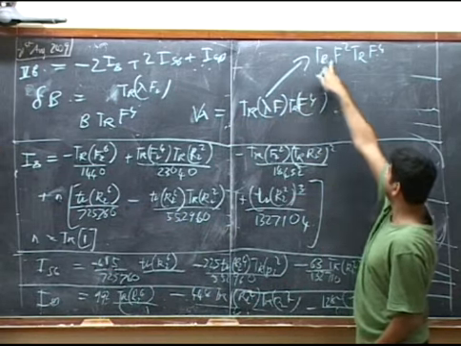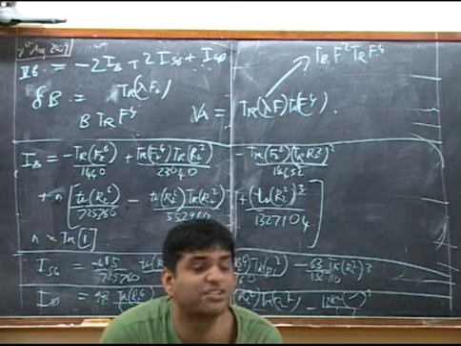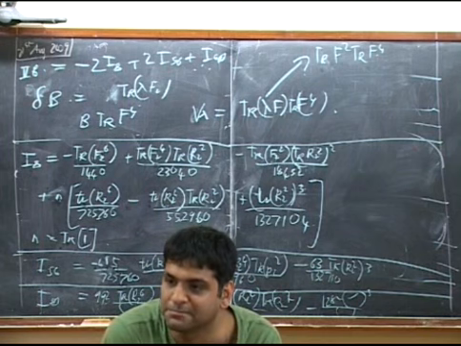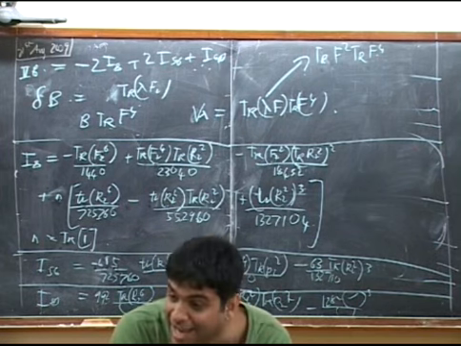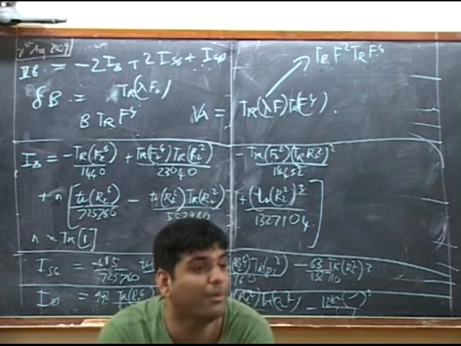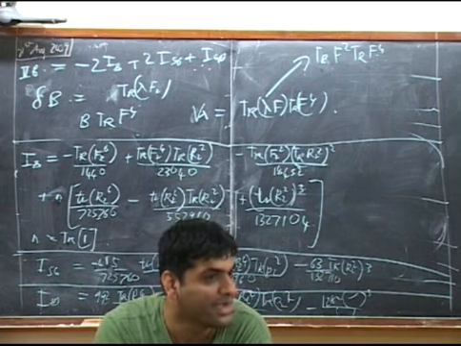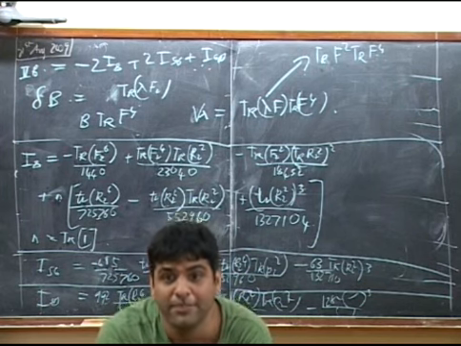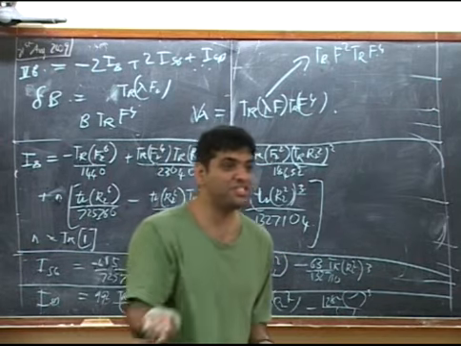The traditional anomaly analysis assumes that there are no fields transforming in the funny way that B does transform. When you put that information in, many of these terms that by traditional assumptions cannot be cancelled by any local counter term, can be.